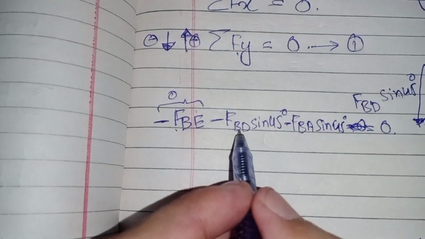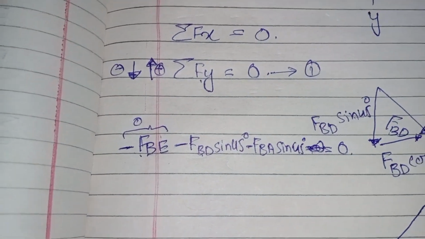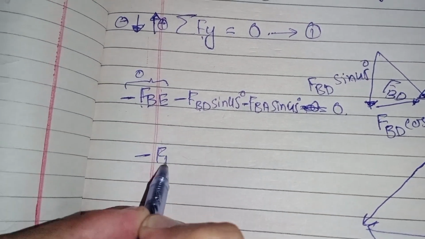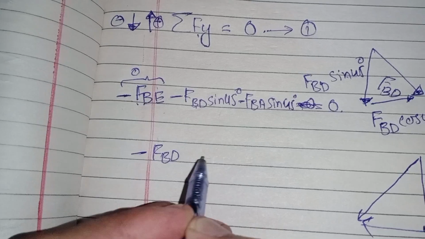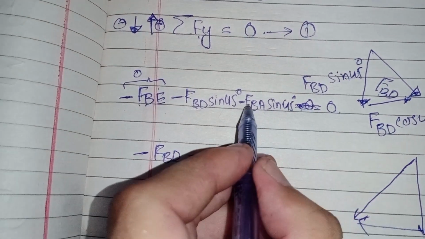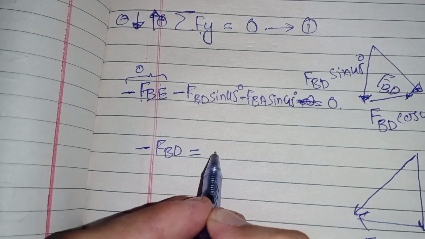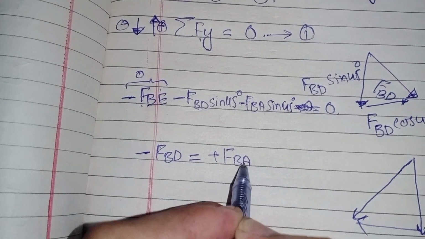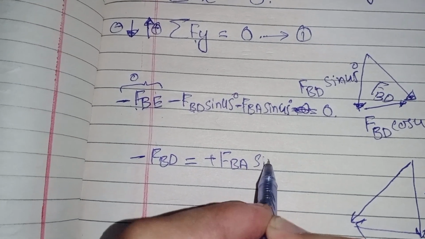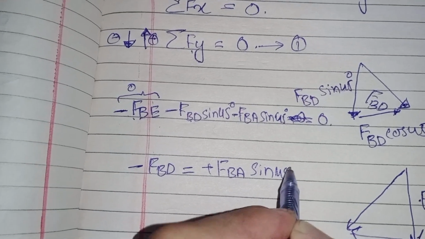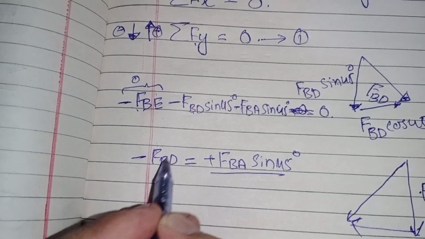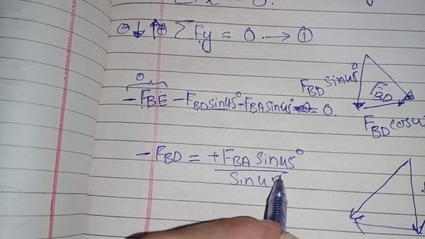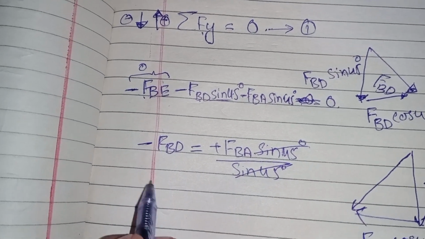Now F_BD is negative. F_BD equals, I move to the right side of this equation, plus F_BA or AB sin 45, divided by sin 45. It will cancel each other.